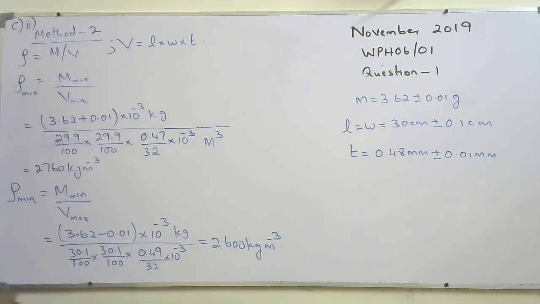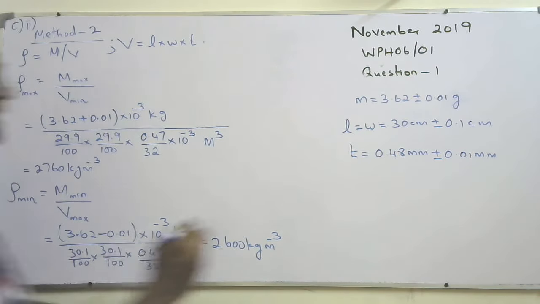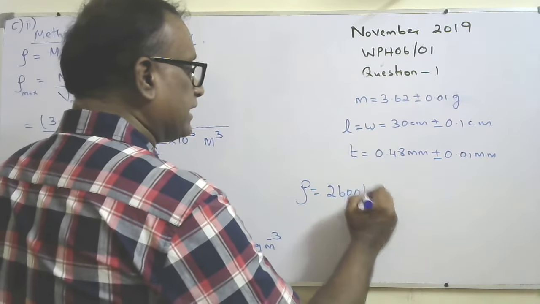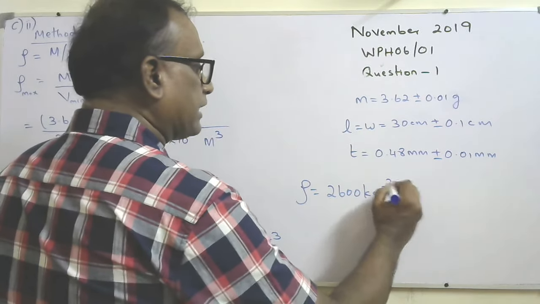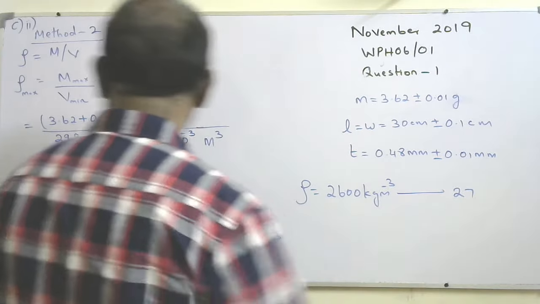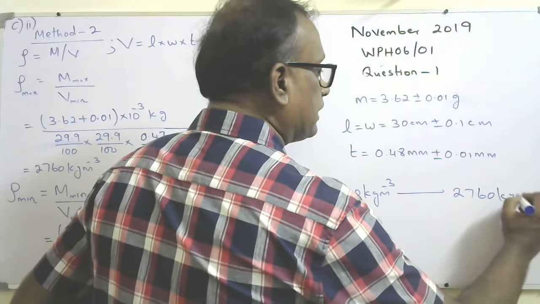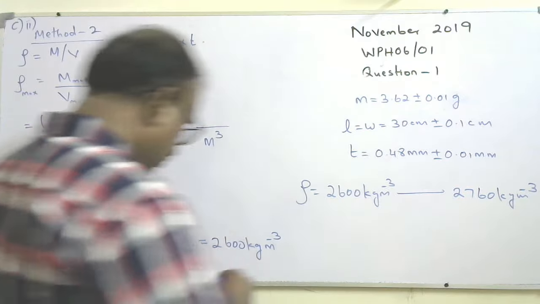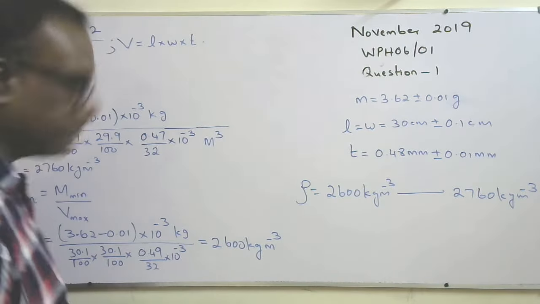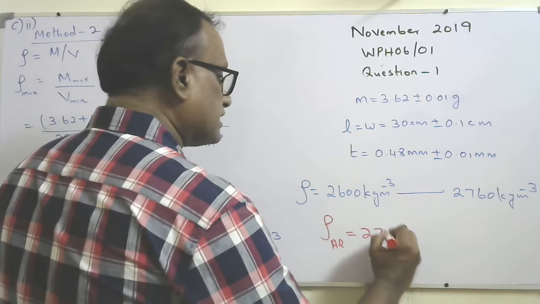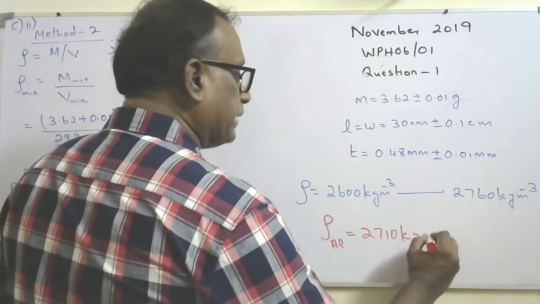Okay, so you can see the minimum value of density is 2600, maximum value is 2760. So I can say the density from my experiment is from 2600 kilogram per meter cube to 2760 kilogram per meter cube. The density of the aluminium is given as 2710 kilogram per meter cube.